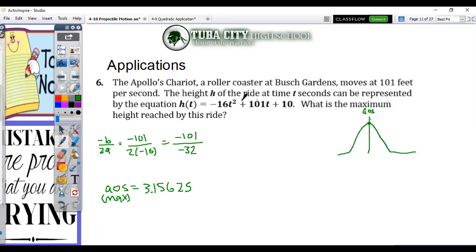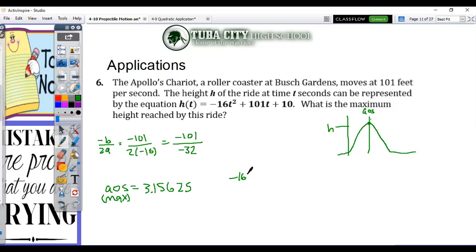Now I'm going to need to plug that back in here, because I know when it was at the maximum, but I don't know what the maximum height is. We don't know the height. We know when it was at the highest. So now I need to ask the function, where was the roller coaster at 3.15625 seconds?